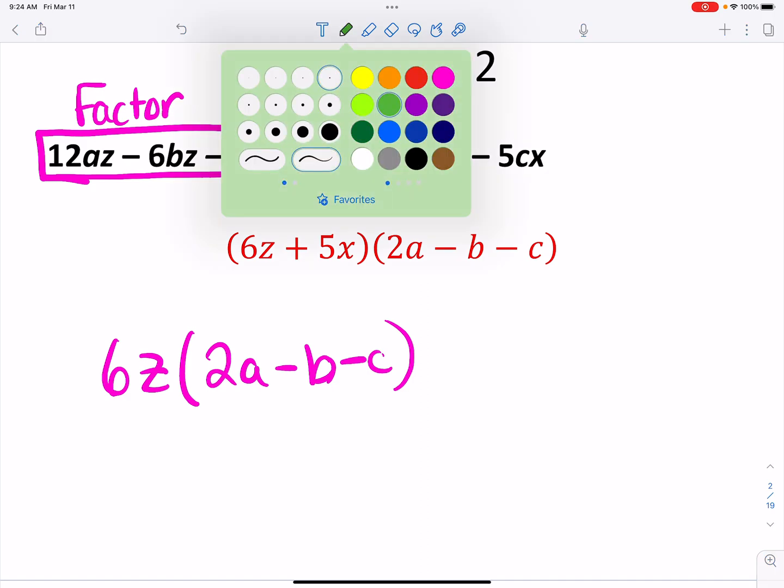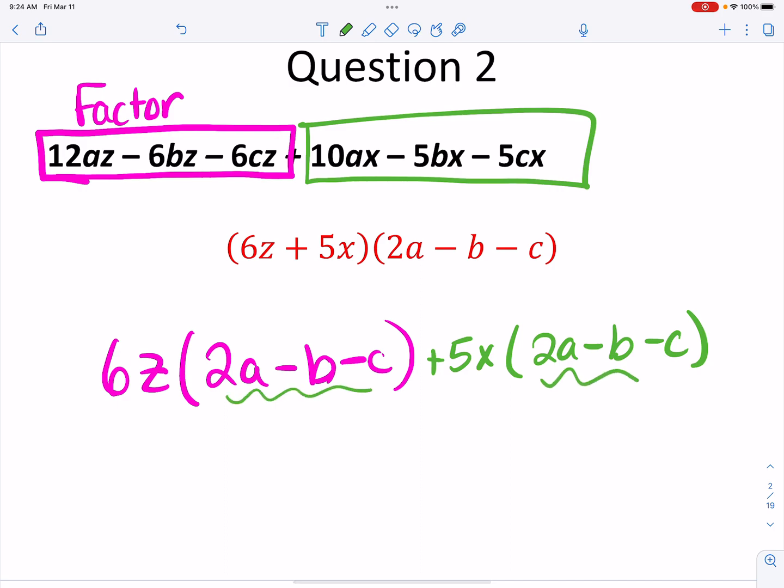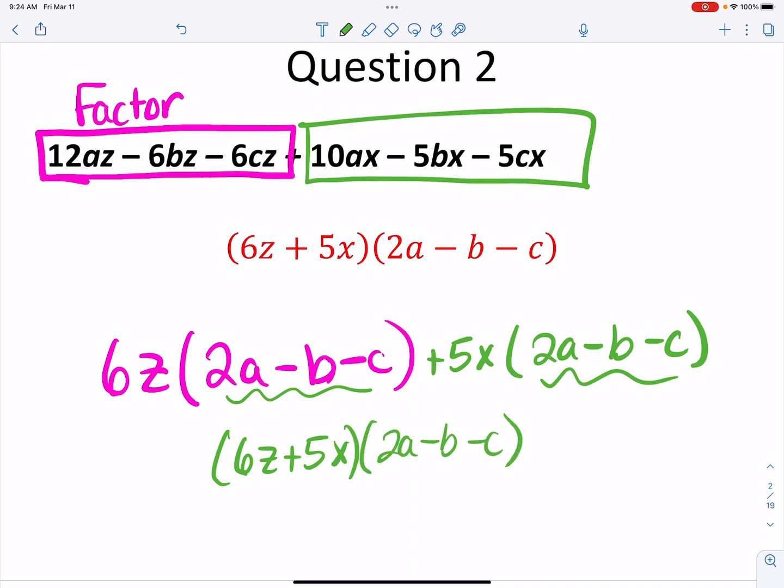Then if I look at the second set of terms, I can take out a 5x, and that leaves me with 2a minus b minus c. These parentheses are the same, so I get 6z plus 5x, times 2a minus b minus c. Sometimes you can put them in groups of 2, sometimes groups of 3, sometimes you could do either. It really is truly up to you.